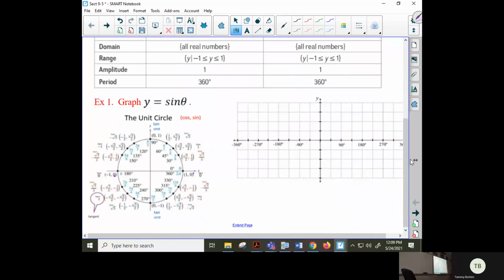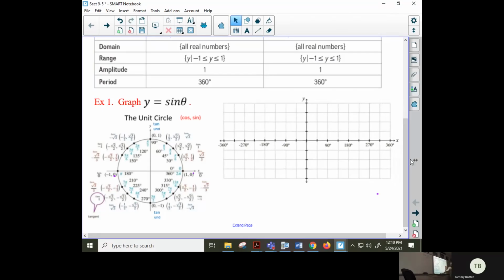All right, the way we're going to start this is we're just going to graph a sine function, just so you can get used to it. The book starts you right away doing different amplitudes and different periods, but I thought it would be good for you to just see what it's like to graph just one sine function. So again, sine of 0, we'd look at this number here. Sine of 0 starts at 0.